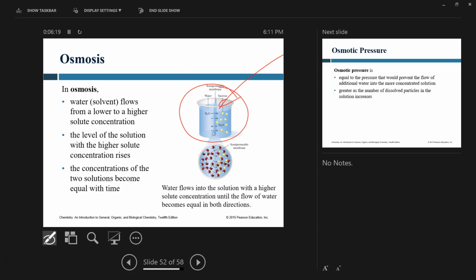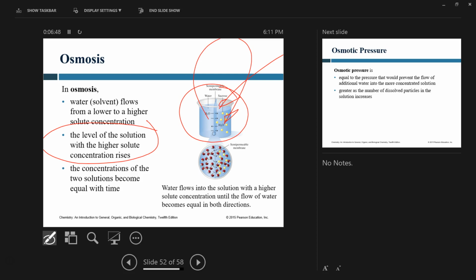So, as water will flow from the left to the right side of the beaker, what's going to happen to the level of the solution at the right side of the beaker? It's going to become higher. Now, how does the pressure of fluid change as its level increases?